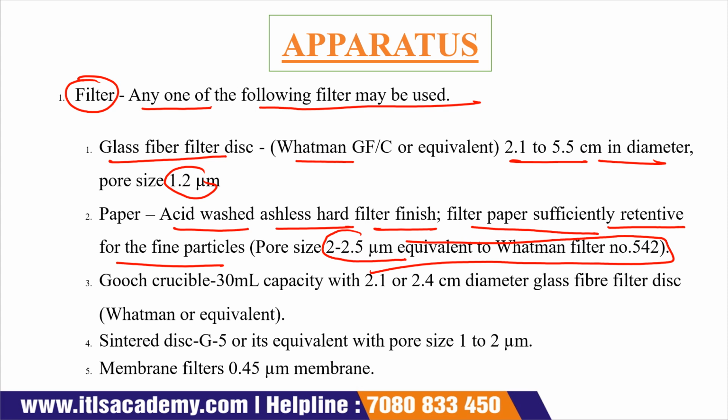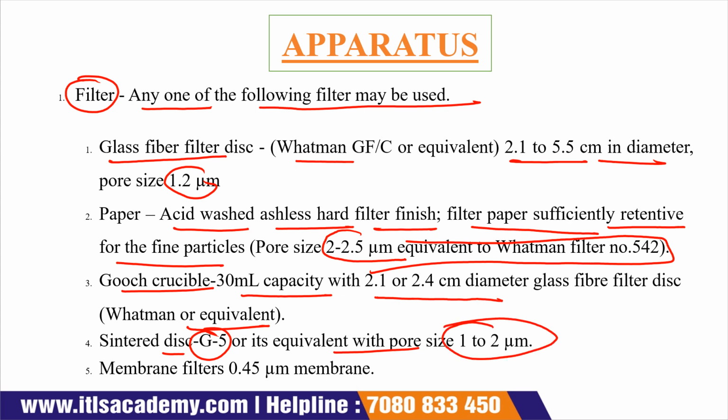The next filter is a Gooch crucible, 30 ml capacity with 2.12 or 2.4 centimeter diameter glass fiber filter disc, Whatman or equivalent. Next is a sintered disc G5 or its equivalent with pore size 1 to 2 micrometer. Next is the membrane filter, 0.4 micrometer membrane. So this is about the filter apparatus.